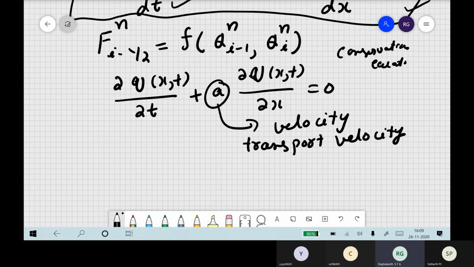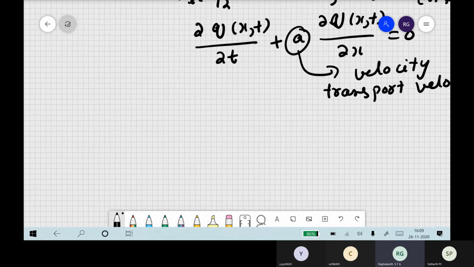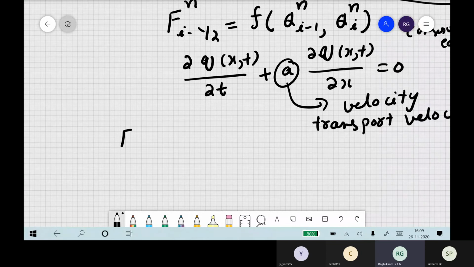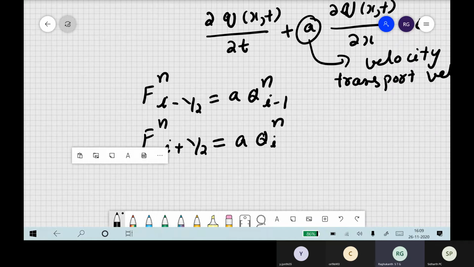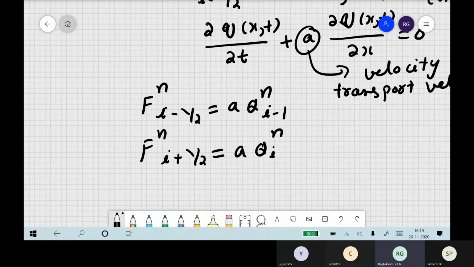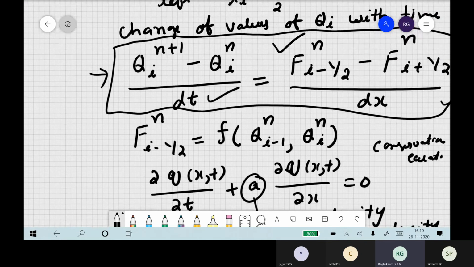Now if the velocity a is a constant and things are not changing, then this f n of I minus half indicates a times q I minus 1, and f n of I plus half is the outflow, and that is the inflow. So this also depends on q I n itself.